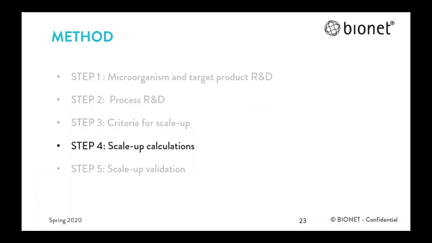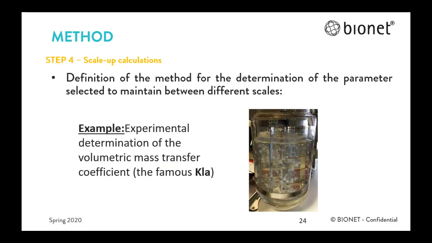Step 4. Scale-up calculations. When we have selected the parameter for the scale-up, it's necessary to define the method for the determination of the parameters selected to maintain between different scales.